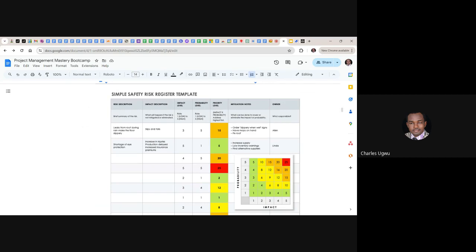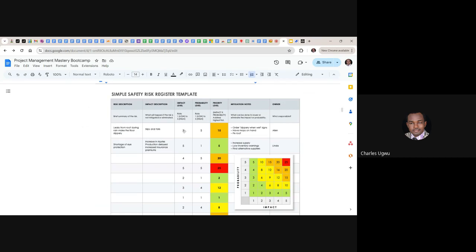So this is the document for doing that. Looking at this, you can see this is the risk: leaks from roof during rain make the floor slippery. And the impact here is slips and falls. Somebody can slip and fall.